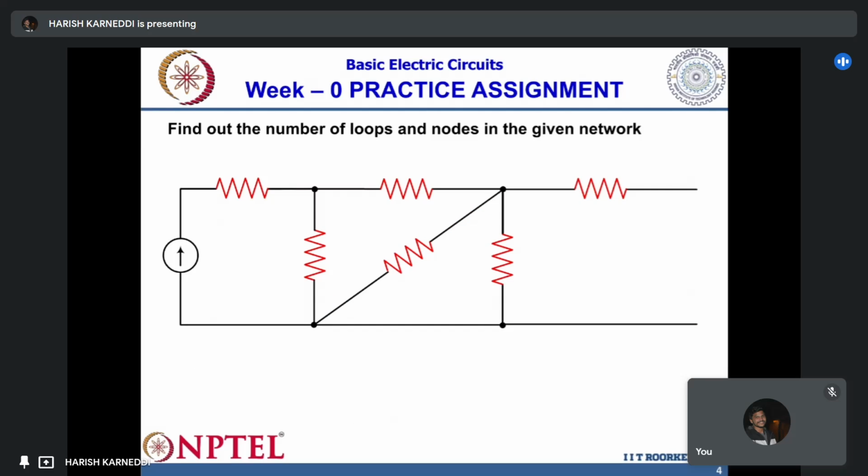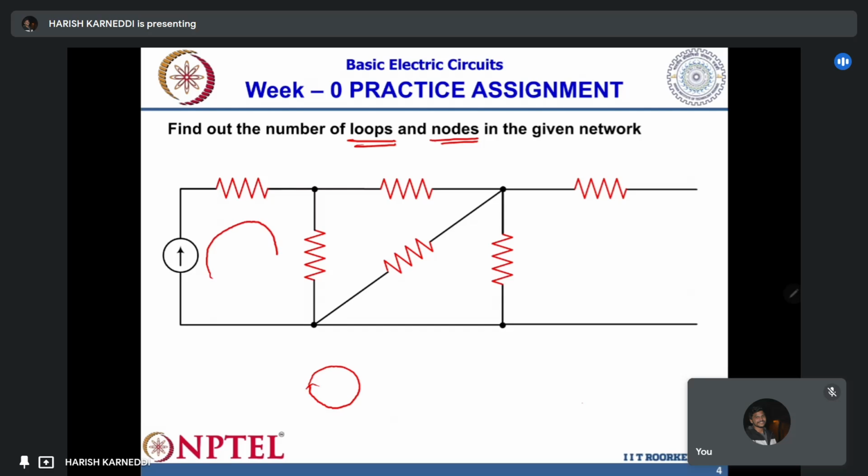Find out the number of loops and nodes in the given network. What is meant by a loop and what is meant by a node? A loop is nothing but a closed path, and one can identify how many closed paths there are in the given circuit.